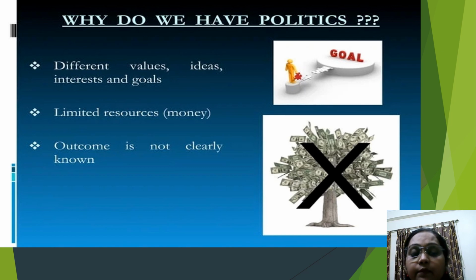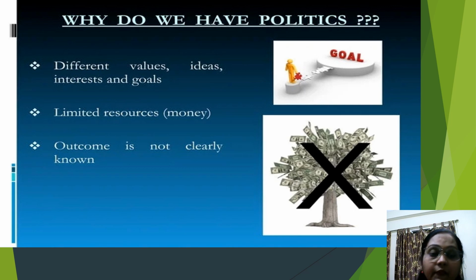People have different values, ideas, interests and goals, but all the resources inside the organization are scarce. They are not abundant, and when we talk about money, it is limited. And the outcome of each and every action is not easily or clearly known without achieving it.